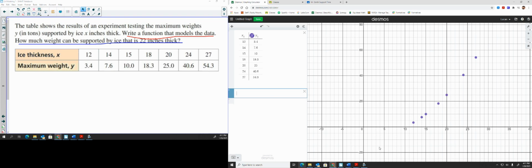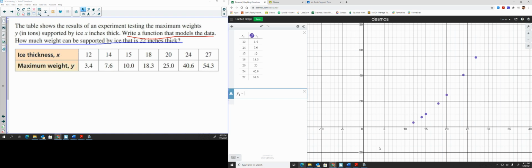Okay. So in order to do a quadratic model, we're going to type the standard form, ax squared plus bx plus c, with a couple of little twists here and there, just like we did with linear functions. So here's what it's going to look like. I'm going to type y1, and I'm going to get that tilde, the squiggly line up in the top left-hand corner.